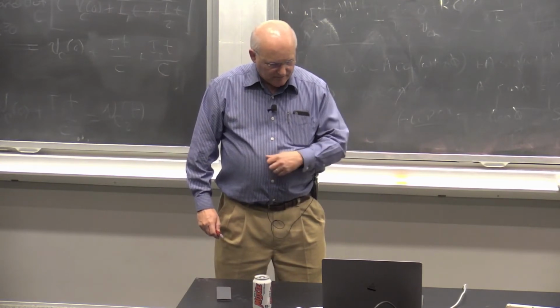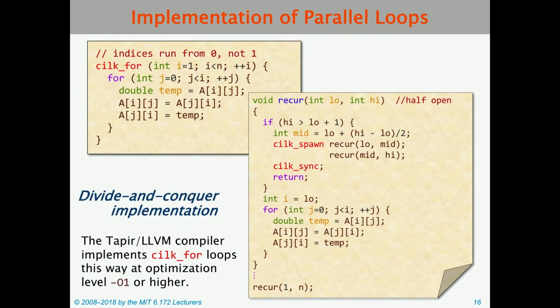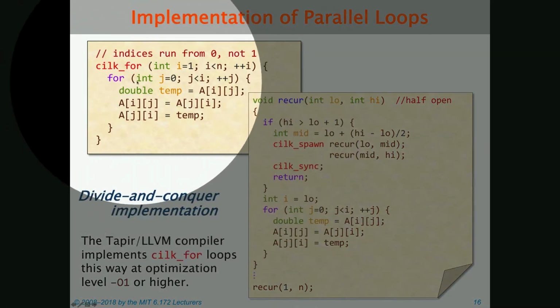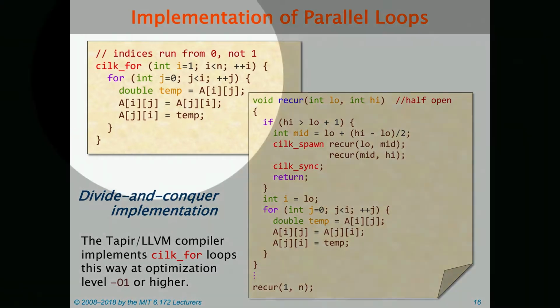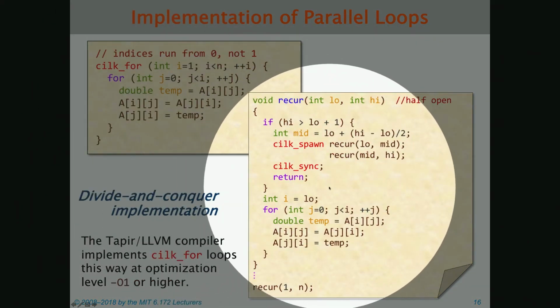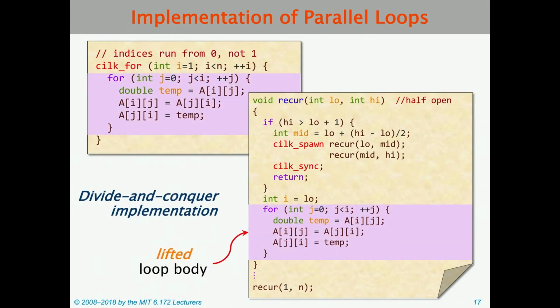Now, let's talk a little bit about how loops are actually implemented by the OpenCilk compiler and runtime system, okay? So we have this doubly nested loop here, but the only one that we're interested in is the outer loop, basically. And what it does is it creates this recursive program for the loop, okay? And what is this program doing? I'm highlighting essentially this part.